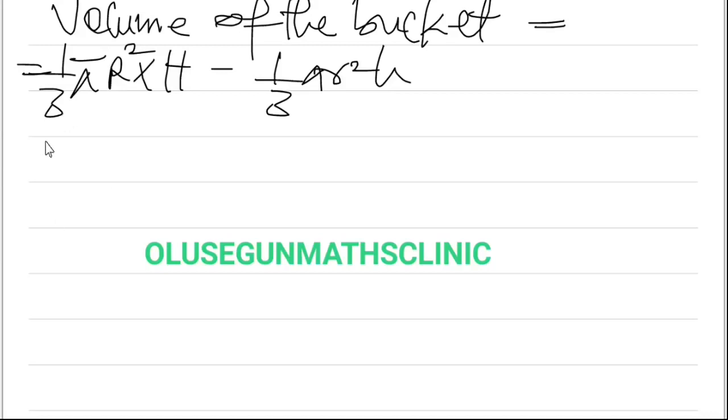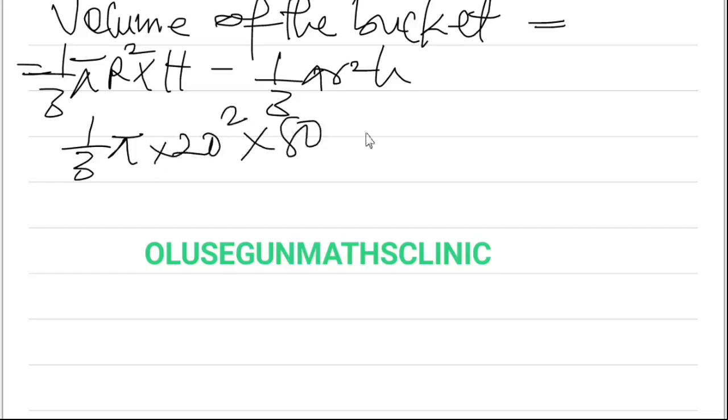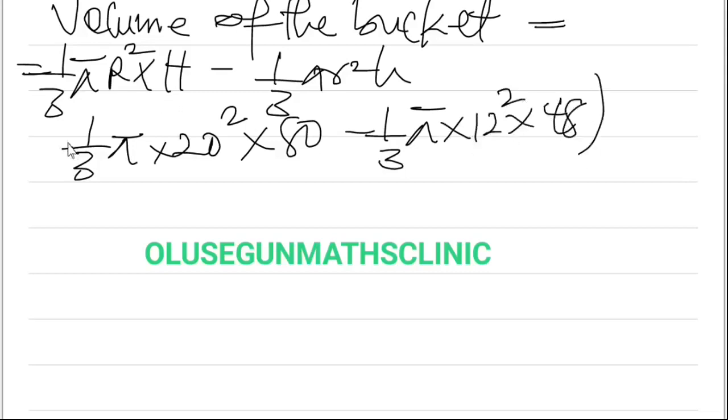Which will be equal to 1 over 3 pi times 20 squared times 80 minus 1 over 3 pi times 12 squared times 48. You don't need to waste much of our time here.